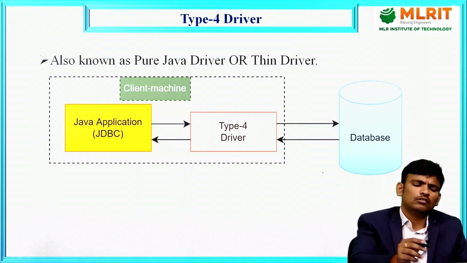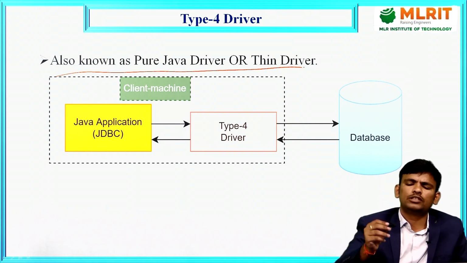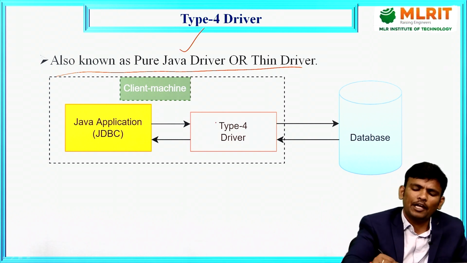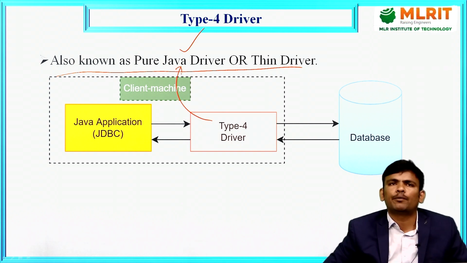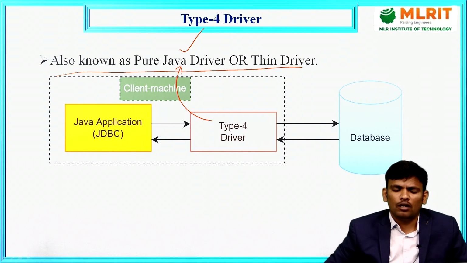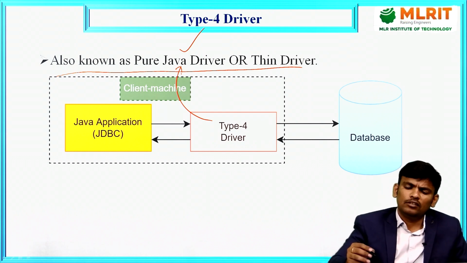This is also known as a pure Java driver or a thin driver. Why is it a pure Java driver? The type 4 driver is purely written in the Java programming language. It is not written in any other native code. Next, it is a thin driver.